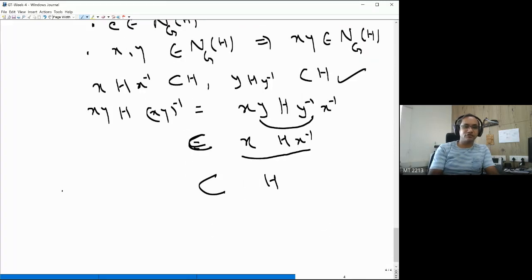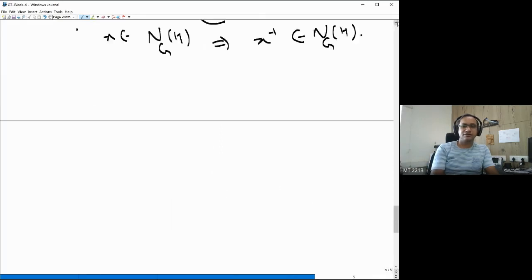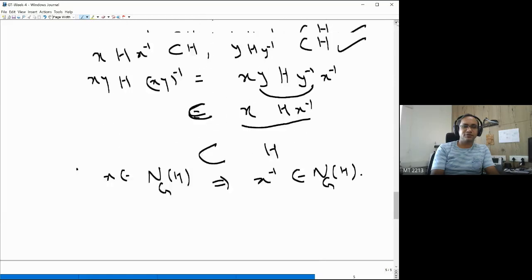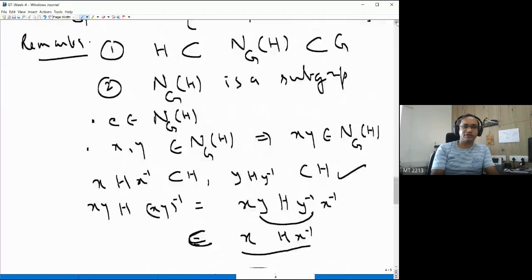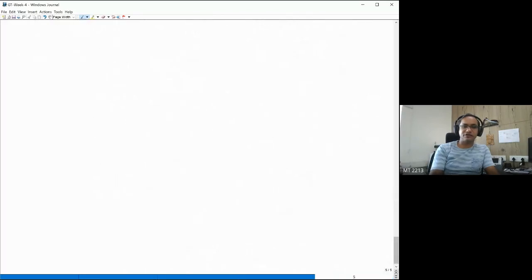And the same thing we can do for the third property, that if X is in the normalizer, then X inverse is also in the normalizer. So the normalizer is a subgroup, and H is a subset of it. The third property which I wanted to say is what happens if H is normal, right?